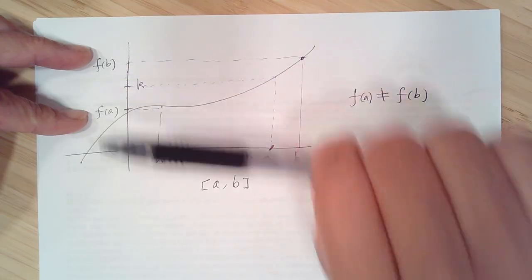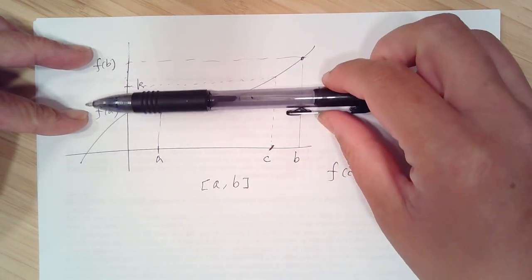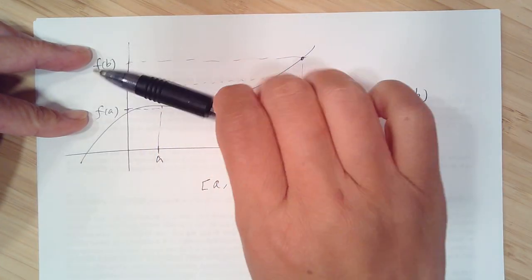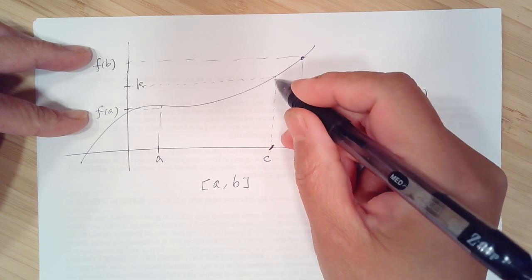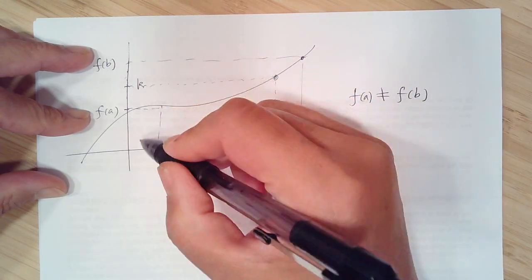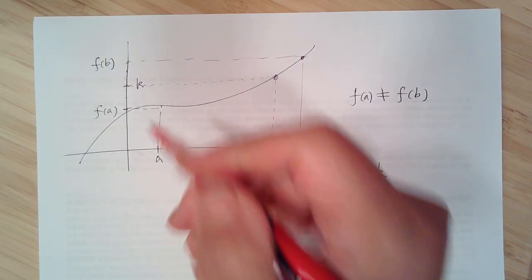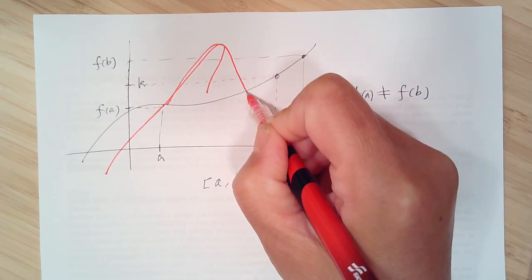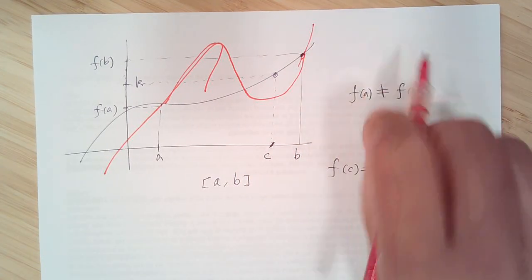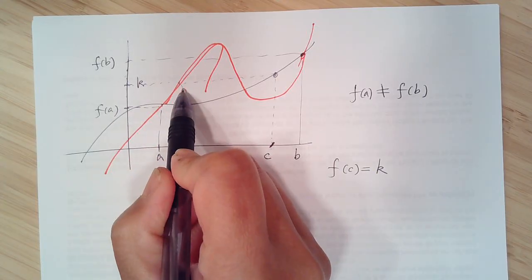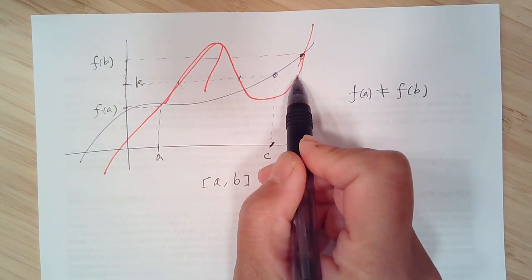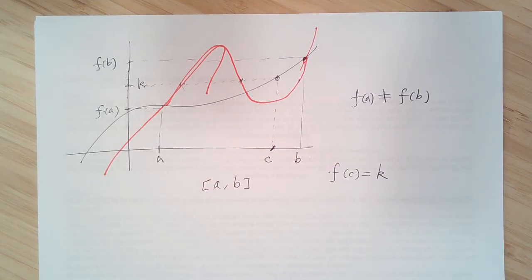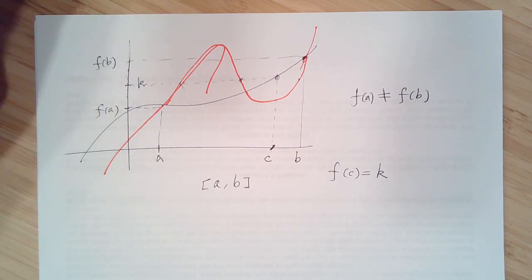If you put a horizontal line here, then your graph has to cross it. Where it crosses could be at one point, or sometimes with another similar function you might have 1 point, 2 points, even 3 points. But the theorem just says at least 1. As long as you get 1, that's good enough.